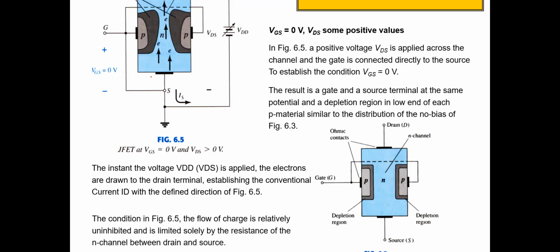If we put a positive voltage between the gate and source, in p-type the holes will not be attracted to the positive voltage, but repelled. So they are pushed to the other side, like this.